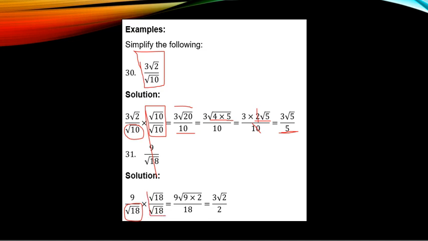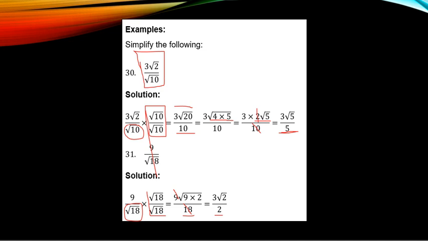So you have 9 times root 18. You can express root 18 as 9 times 2. Then root 18 times root 18 is 18. Before you do that, first 9 can divide 18. So you have 2 left in the denominator.